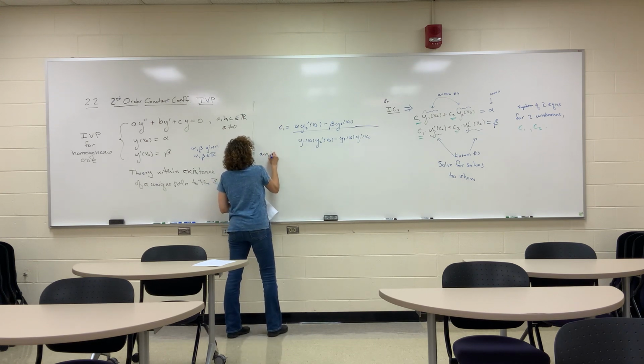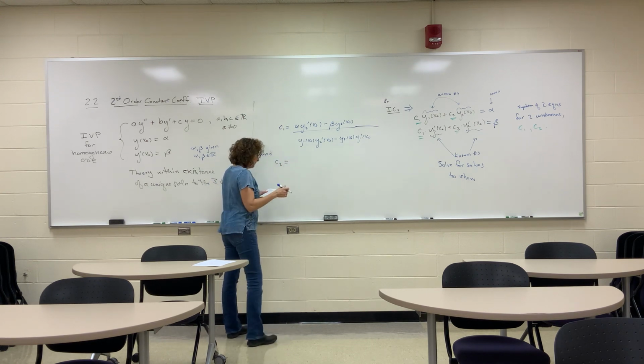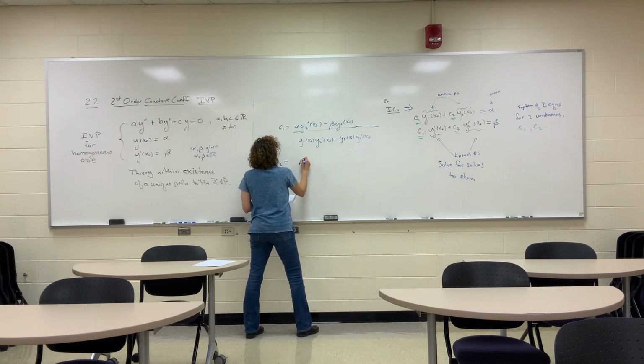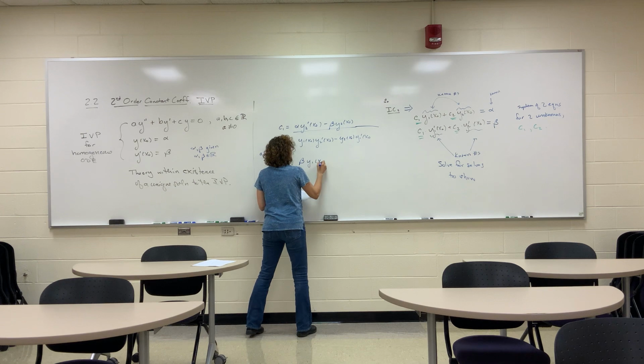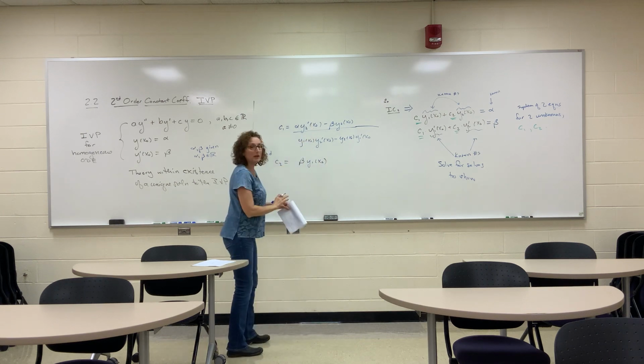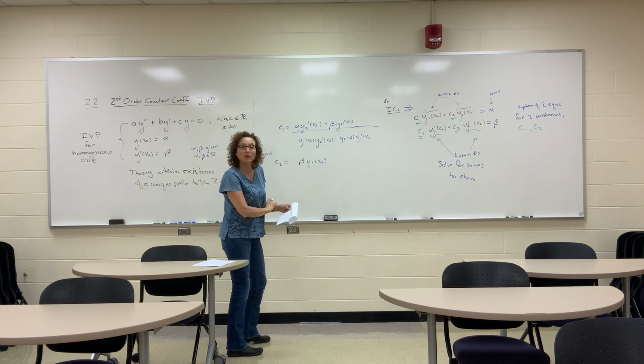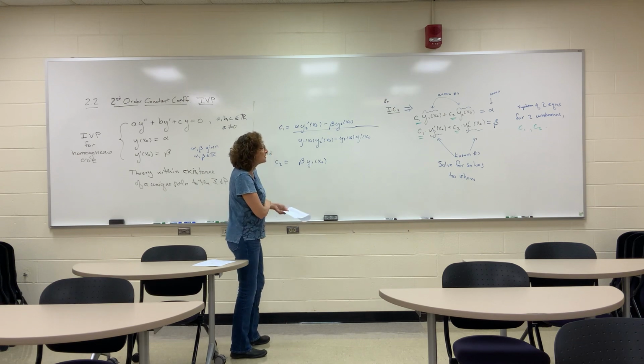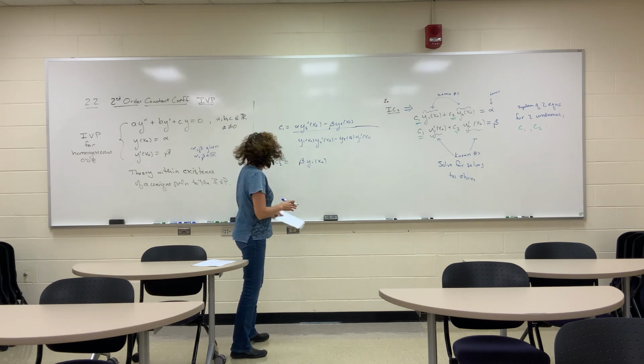And c2, and this is not something to memorize. We just want to write it down and show that we can solve for these. Whatever your favorite technique from high school algebra for solving two equations in two unknowns, it's the same, except now there are letters instead of numbers.